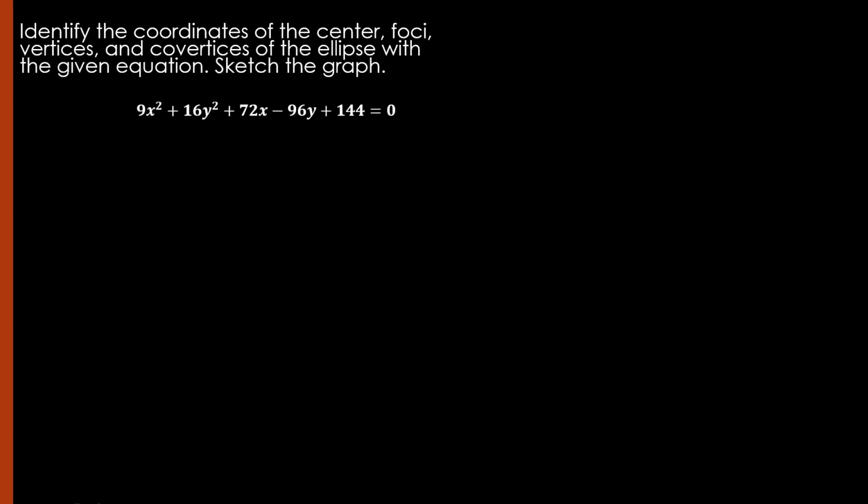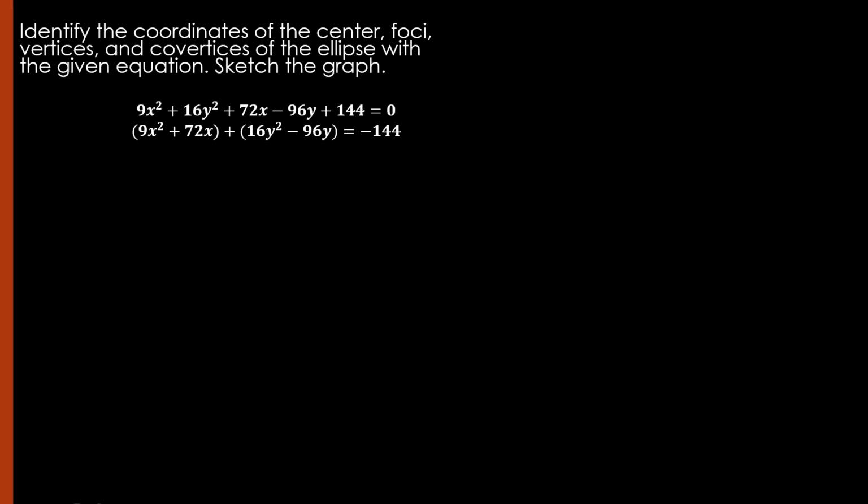Next, we will have 9x squared plus 16y squared plus 72x minus 96y plus 144 equals 0. Again, the equation is not yet in its standard form, so let's make this in standard form. First, let us group all the terms with x variables and terms with y variables and then move the constant on the other side. So we will get this one.